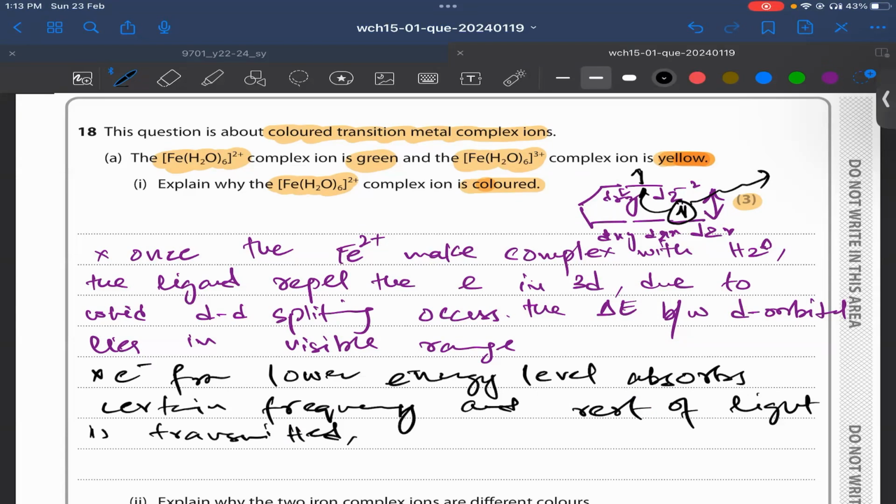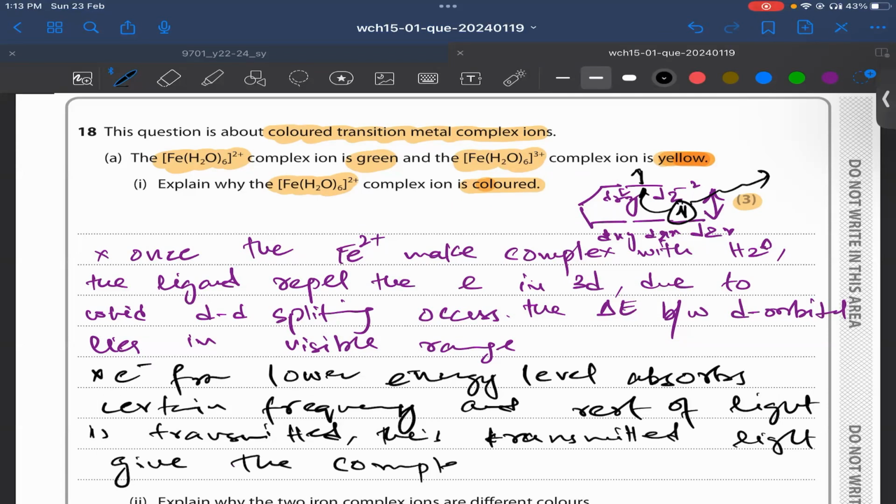And this gives the color to the complex. This transmitted light gives the complementary color. Is it clear?